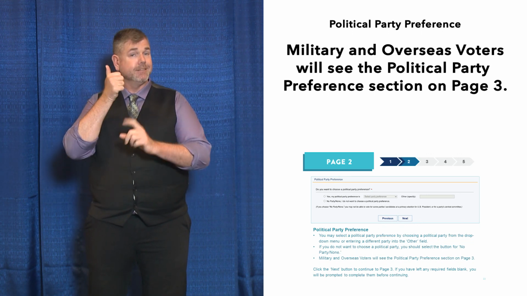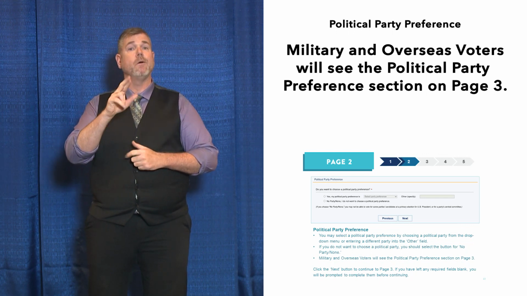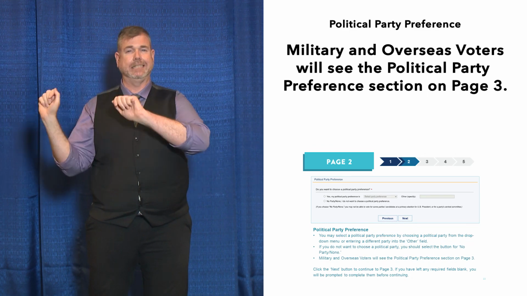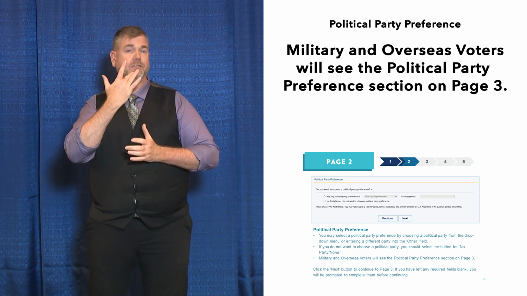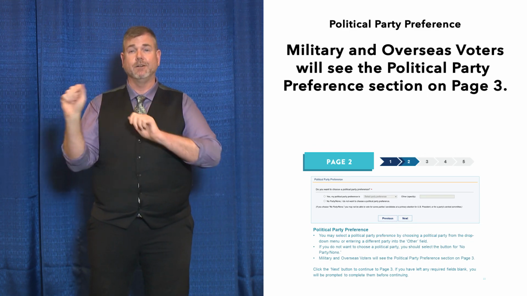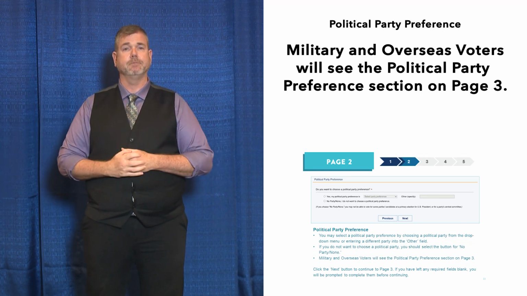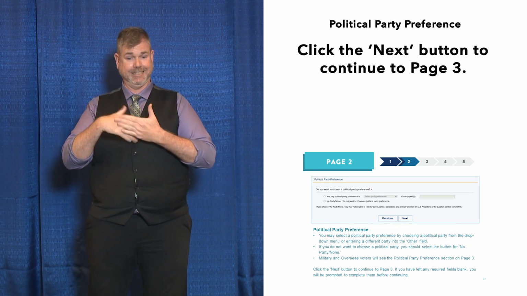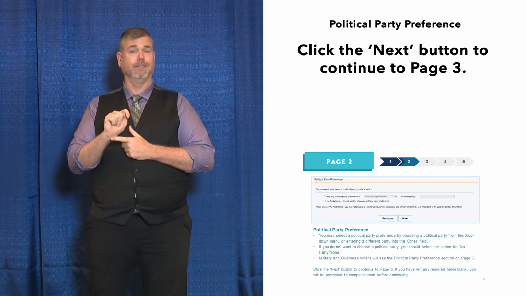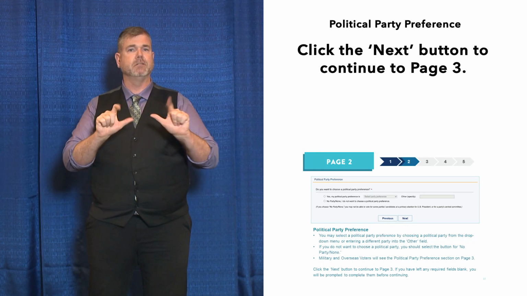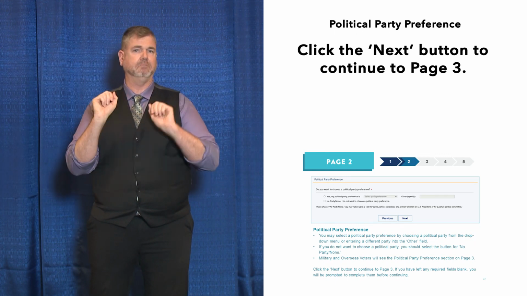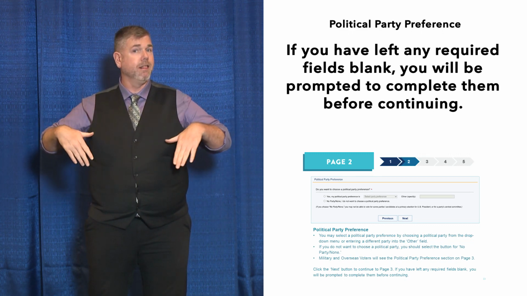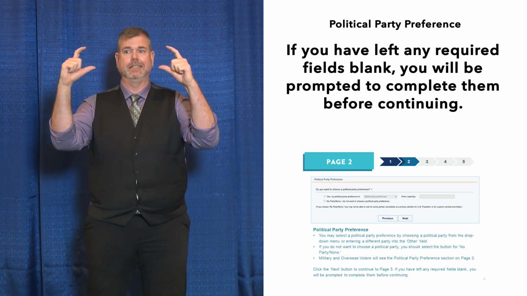Military and overseas voters will see the political party preference section on page 3. Click the Next button to continue to page 3. If you have left any required fields blank, you will be prompted to complete them before continuing.